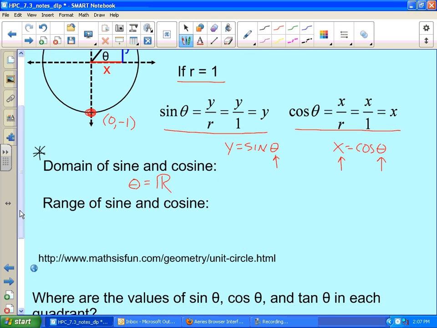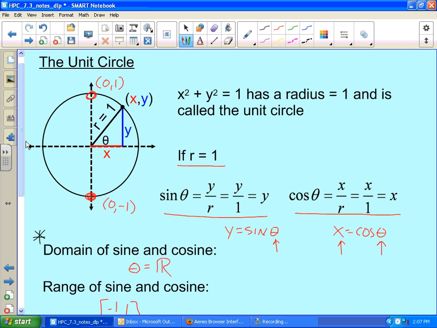So, what about the cosine function? All right. Well, the cosine function goes from a -1, 0 value to a +1, 0 value, because it measures x.